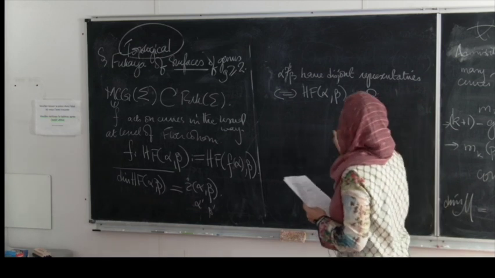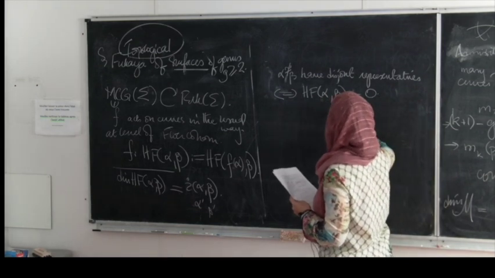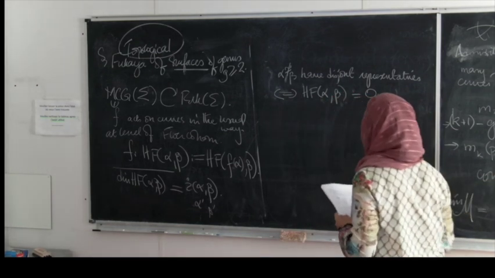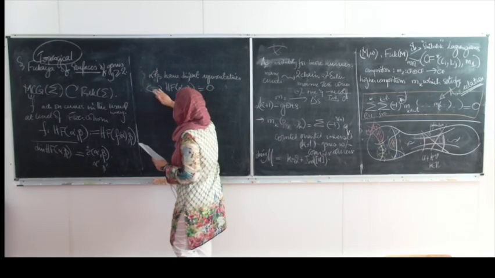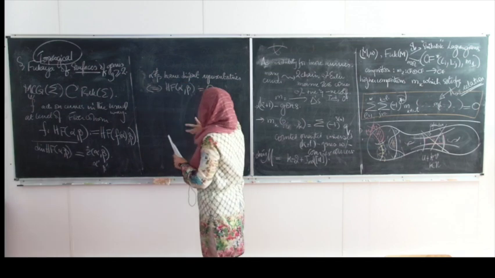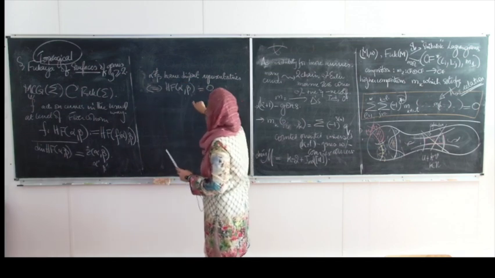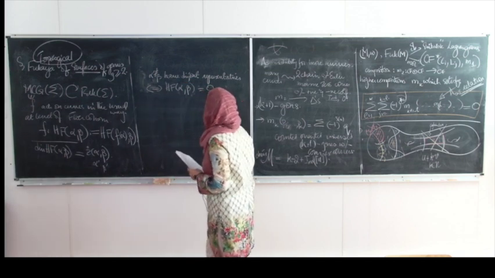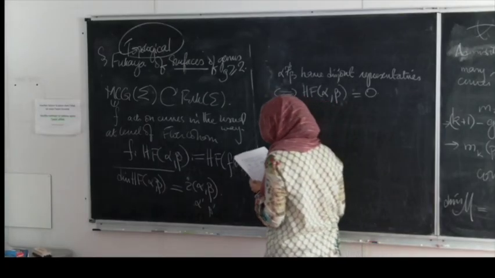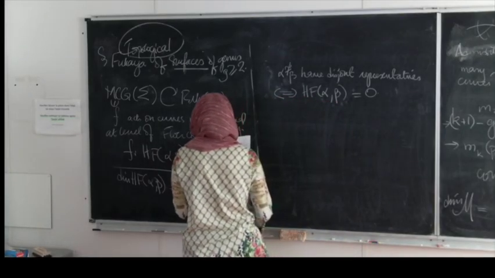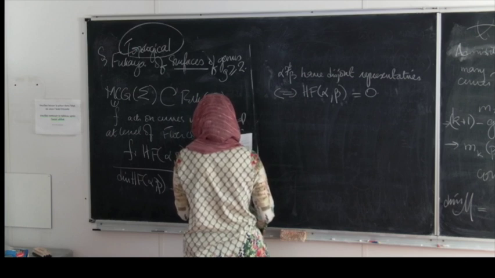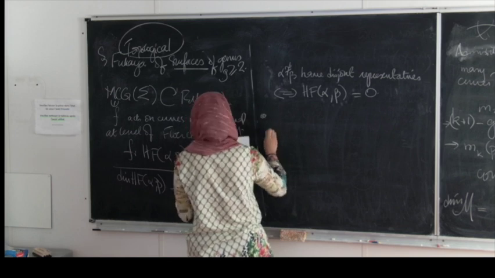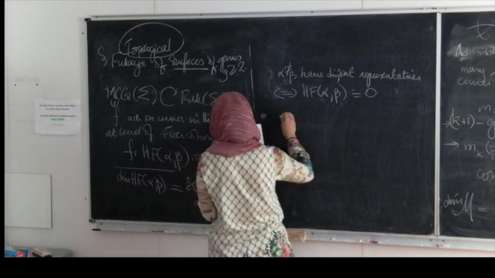It's very easy. It just has to do with a computation of two curves that are not isotopic to each other, which have disjoint representatives. Okay, and then we have the following.